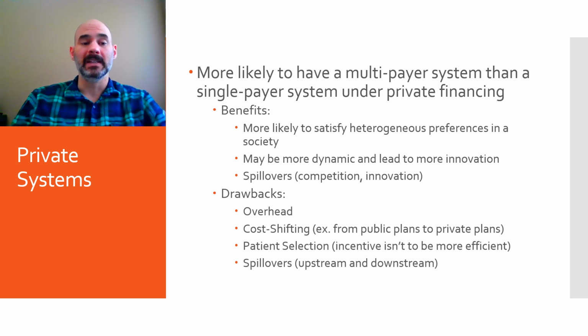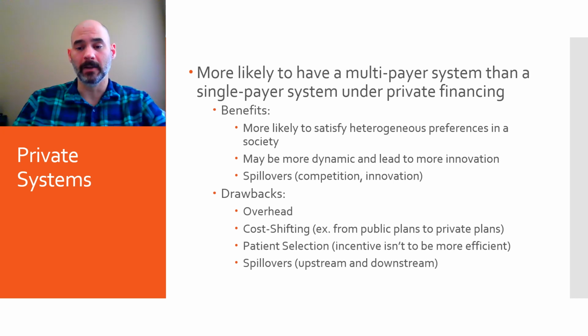Since private health insurance tends to dominate in these types of systems, and there's not a publicly provided method of funding healthcare services, you're more likely to have a multi-payer system than a single payer system under private financing. And just like a cash system, there are benefits and drawbacks with this approach.